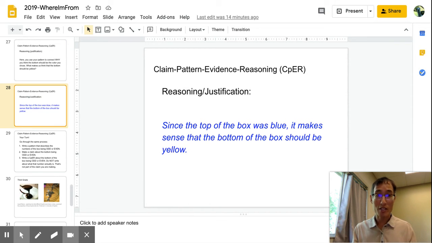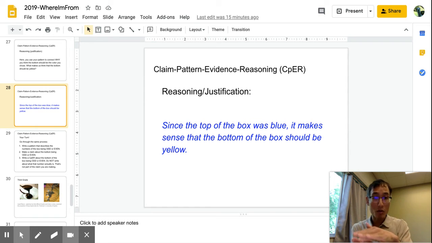One way to write the reasoning is, since the top of the box was blue, okay, so I'm now connecting this, it makes sense that the opposite side, or the bottom, should be yellow, okay? So I've stated my claim, I've built my reasoning, my justifications, my patterns, all that evidence there.